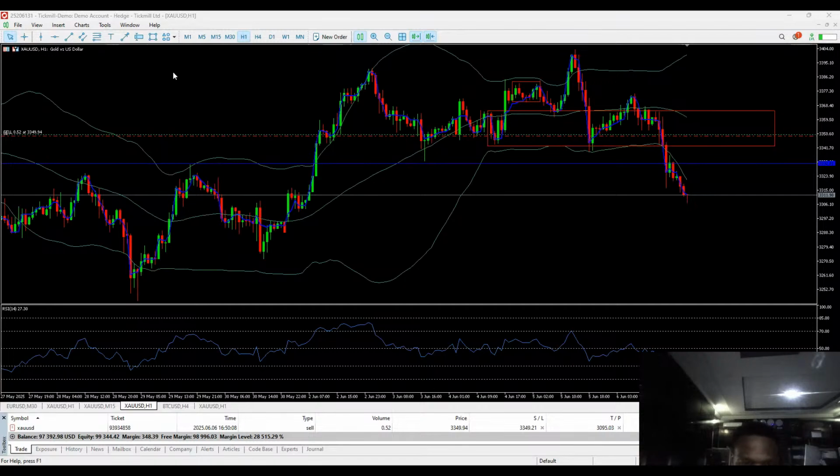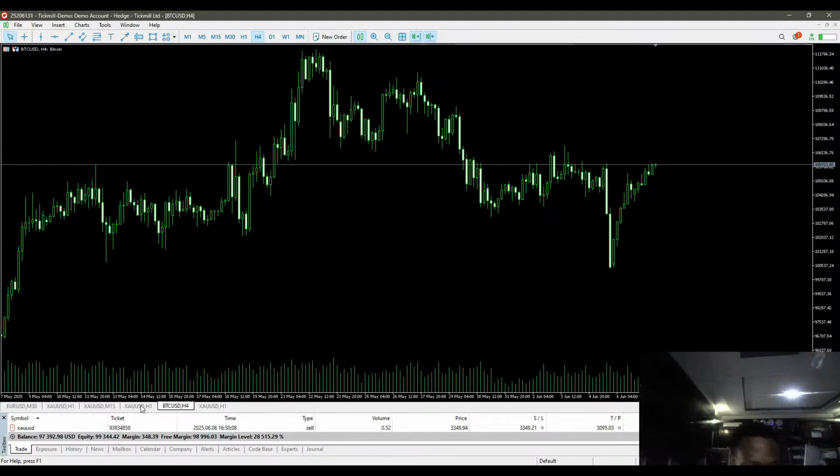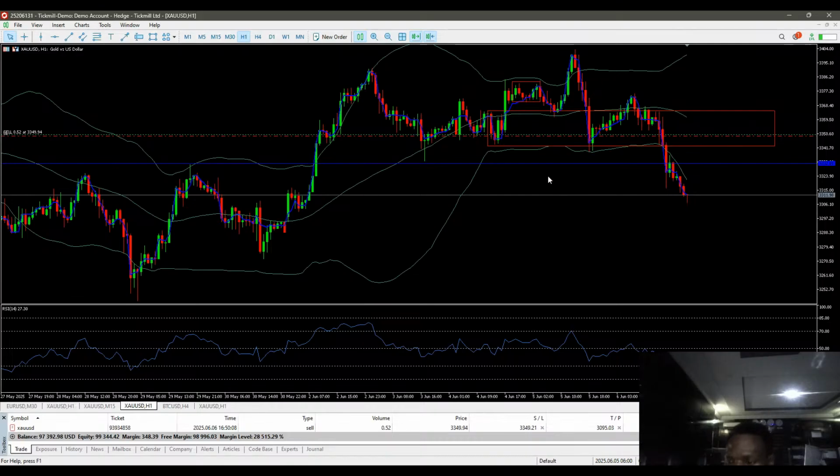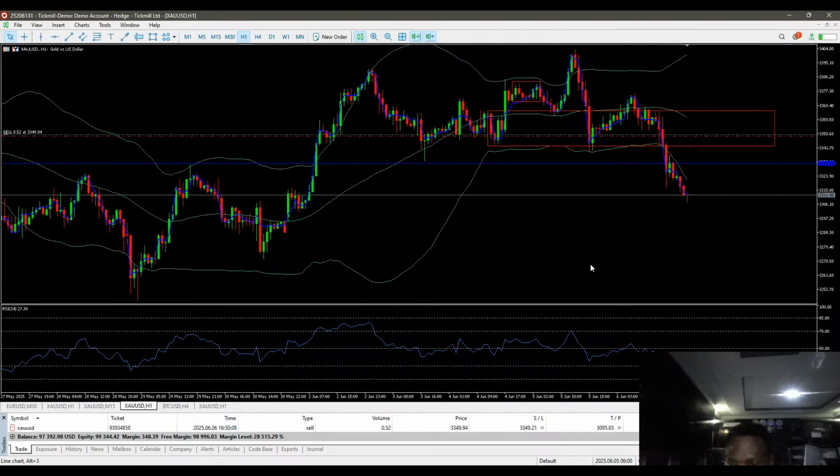So if nobody, okay, currently BTC is running. Let's try. So let me save the templates. If you want to save, put your cursor on the screen, right click, go to templates, save templates.